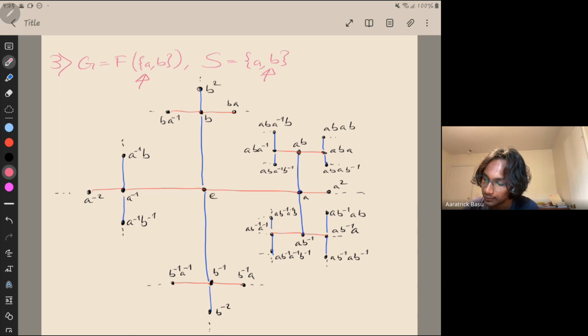That gets you up here, or you can multiply with B inverse, that gets you down here, right? And similarly, at every point, you have 4 choices. I've only drawn 3 here because of lack of space, but there is another edge here, and every vertex has 4 edges given by multiplying on the right by A, B, A inverse or B inverse.